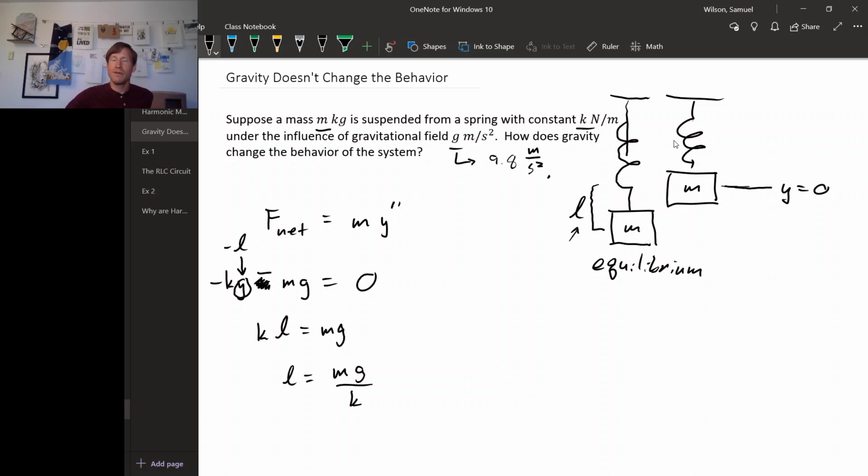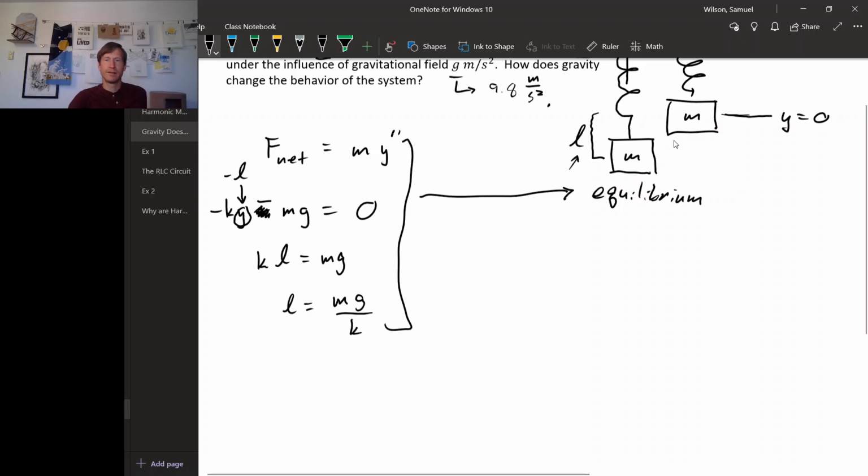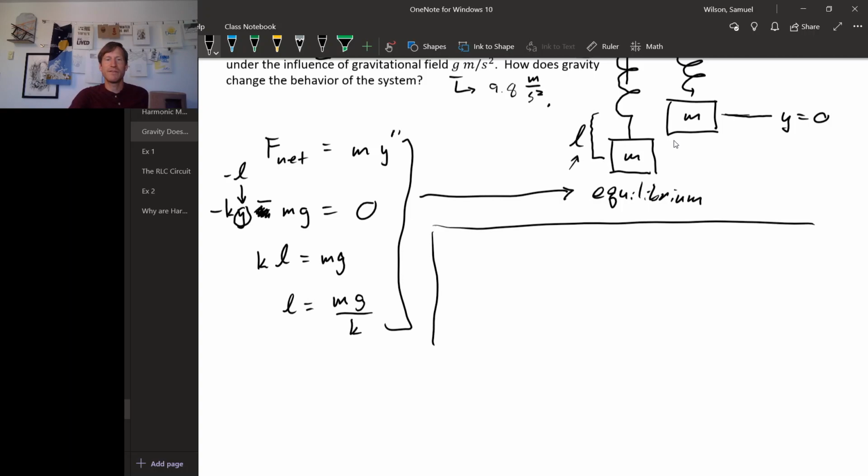Okay, fair enough, but all of this calculation was in the equilibrium situation. So what can we do to get back to our differential equation? For the full differential equation, we have to remove the assumption that we're in the equilibrium situation. Things seem complicated at first because of this extra force.